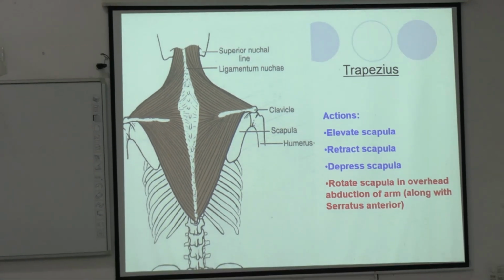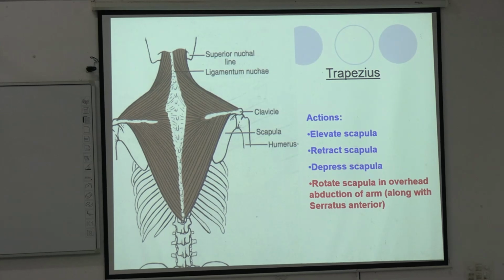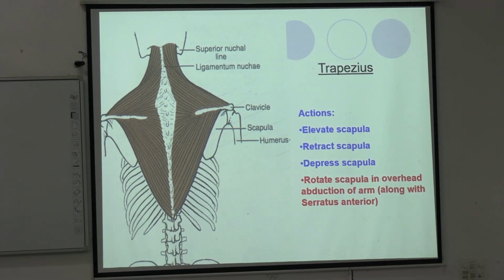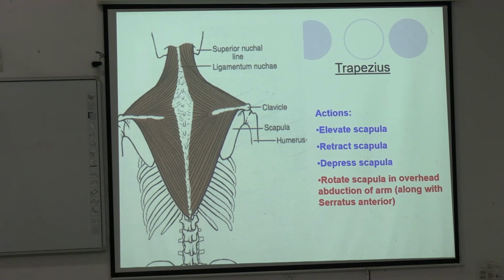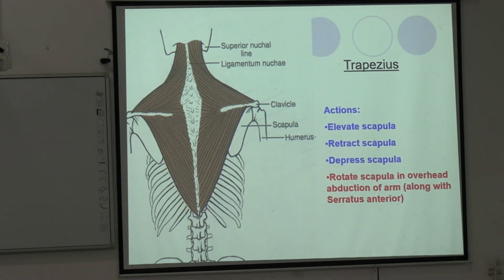This action of the trapezius is the important action for you. So in examination, if you are given this muscle to identify and asked the actions on the scapula, you have to write number 1: rotate the scapula in overhead abduction of the arm. Then elevation of the scapula, depression of the scapula, these things.